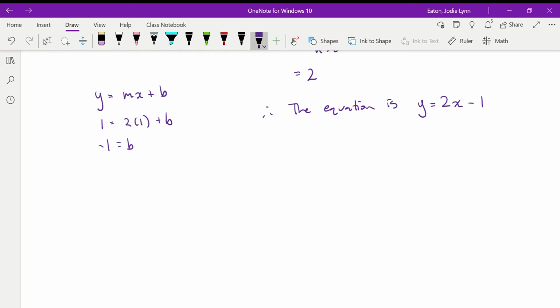So let's look at the definition of a derivative.